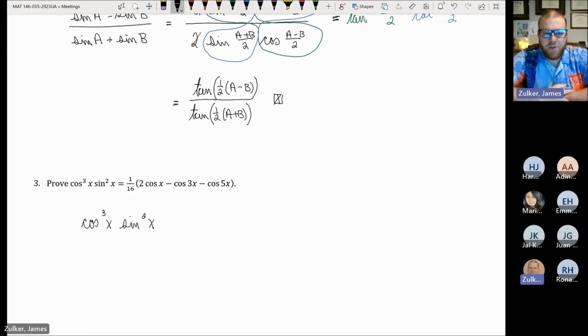Let's start with the cosine cubed times sine squared. So what we can do here is factor cosine out of cosine cubed.